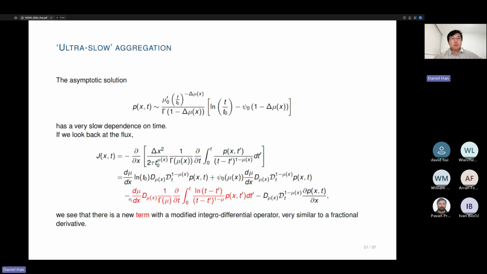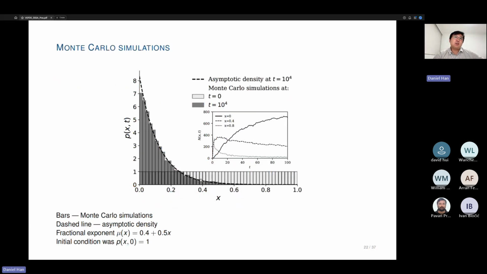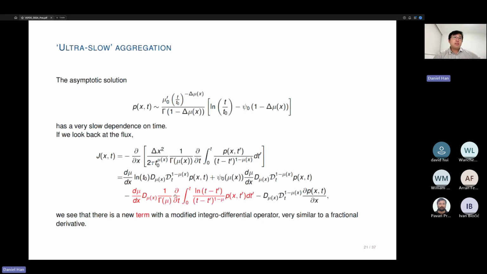There's this new term with a modified integral-differential operator that's very similar to a fractional derivative, just with this logarithm term at the top. This is the term that causes your anomalous drift, because, if you remember, the term you see in red depends on the gradient of your fractional exponent. So it's almost like that gradient is causing a drift.